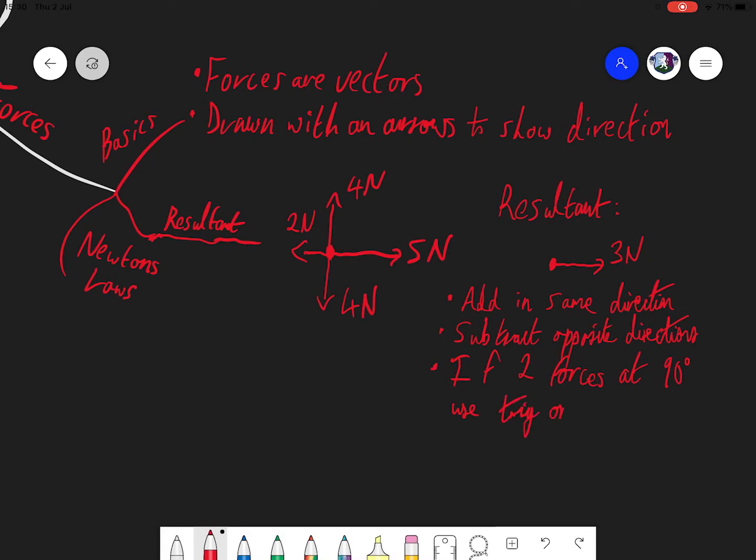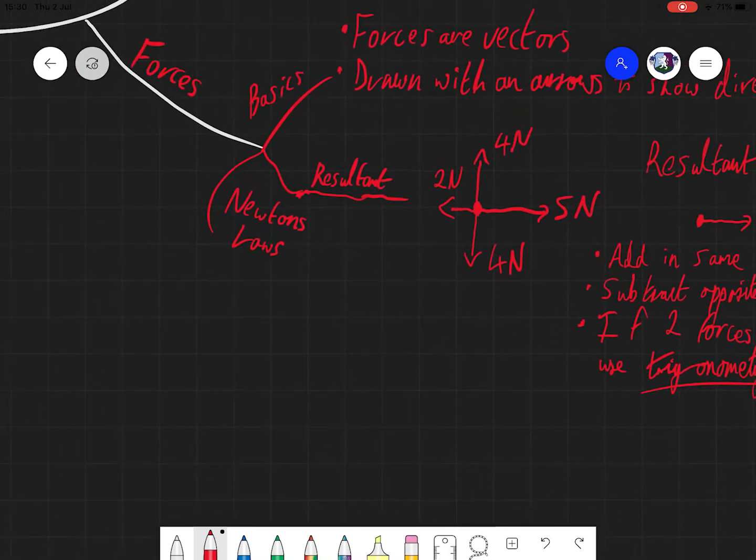To determine the magnitude of that arrow, you can use Pythagoras, because you'll have the 2 shorter sides of the triangle to find the hypotenuse. But to find the angle at which it's positioned, you would then have to use the classic SOHCAHTOA. Those would be the higher end questions requiring that.